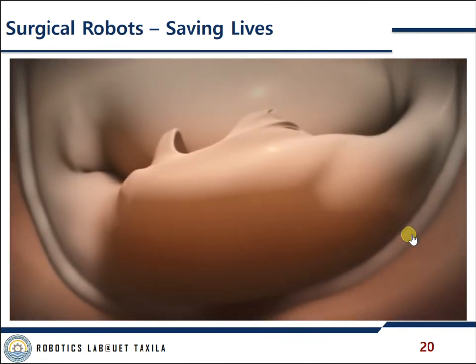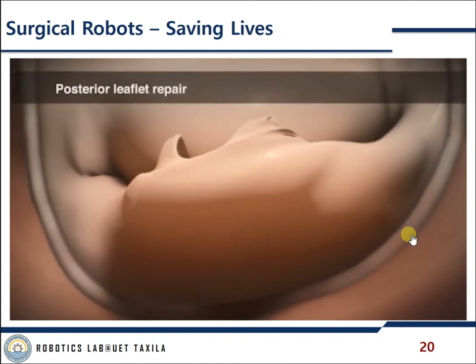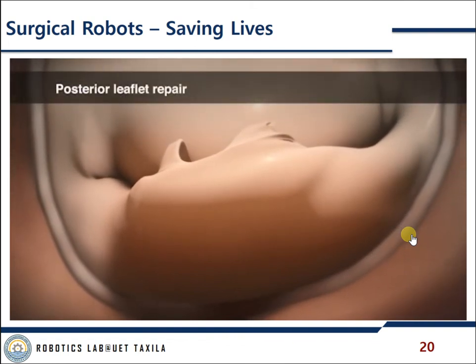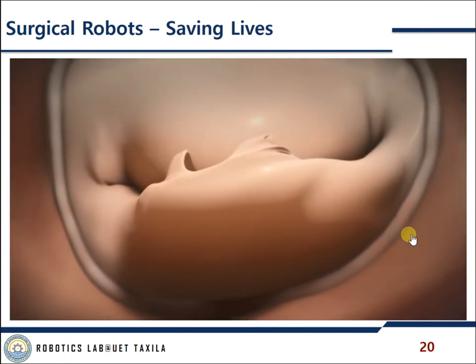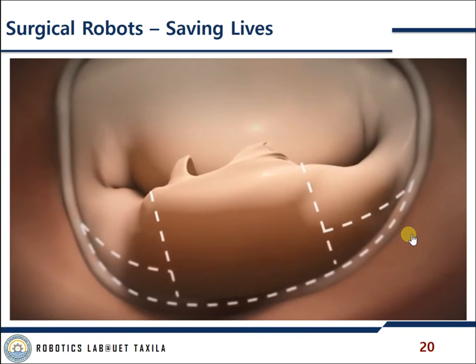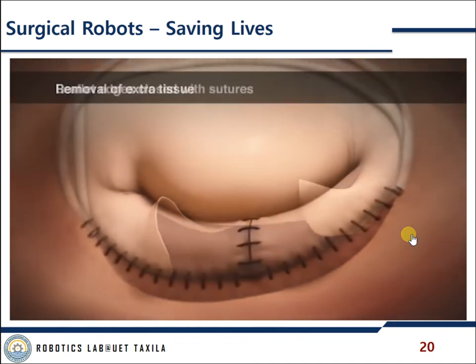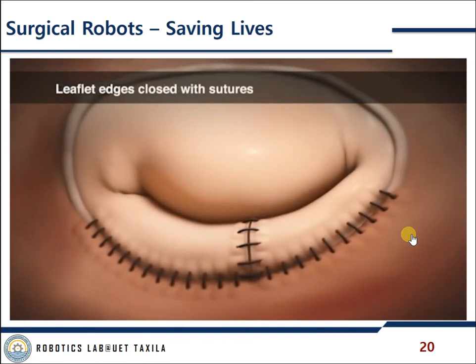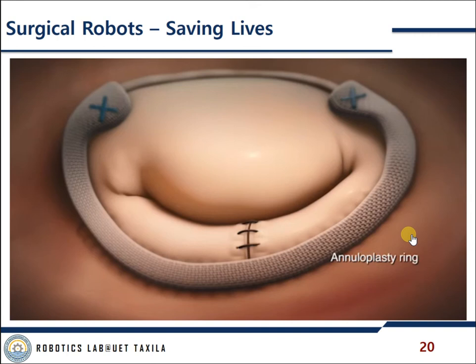There are different types of repairs depending on the condition of your mitral valve. A posterior leaflet repair is one of the most common types. During the repair process, your cardiac surgeon will most often remove part of the prolapsed portion of your valve and will suture together the remaining tissue. Your cardiac surgeon will also correct the enlargement of the mitral orifice by suturing a firm band or ring to the mitral annulus.